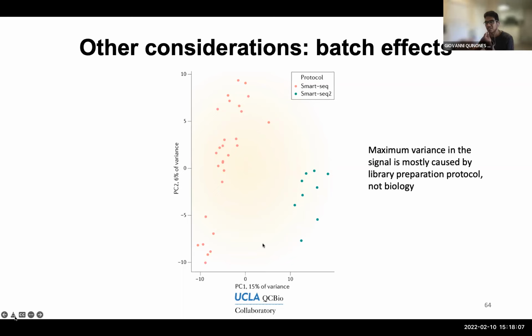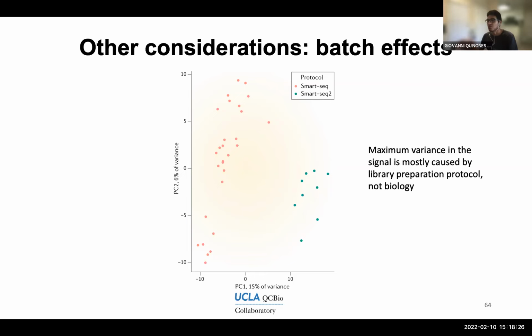The way we interpret this, of course, is that most of the variance we're observing in our data is due to the protocol that we used. And that's something that's going to affect your study.